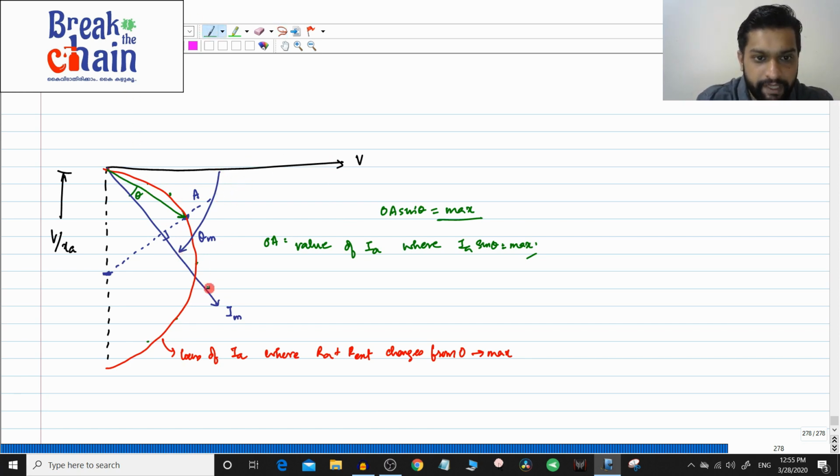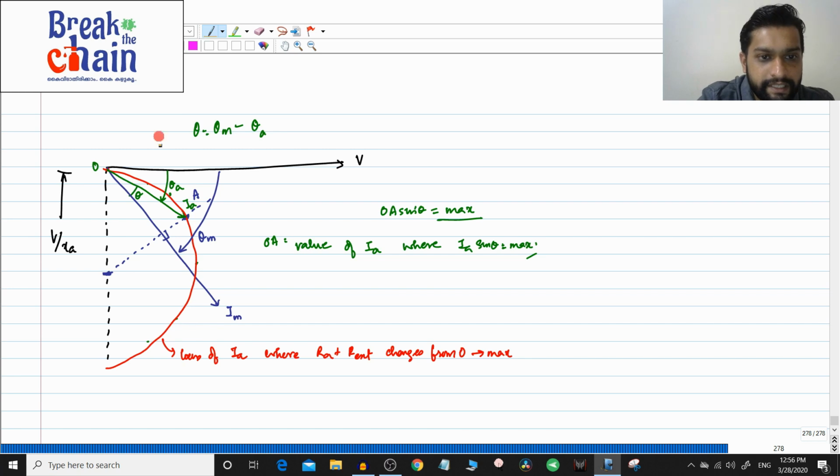The angle between V and Im is theta m, and the angle between V and OA, which is the Ia value, is theta a. The angle between Ia and Im is theta, so theta is clearly equal to theta m minus theta a.